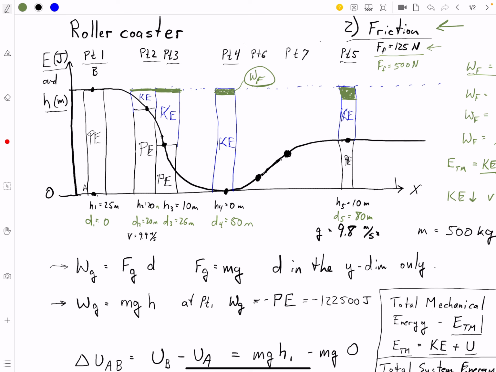And instead of having a force of friction that is 125, in fact, I don't even know if I want to use 500. I did this in my notes, and I want to add in what that force of friction is.